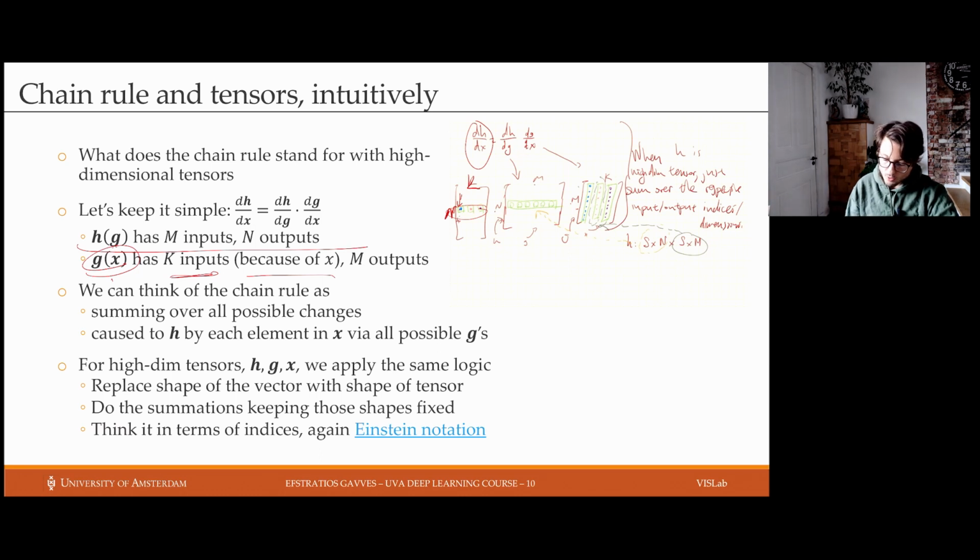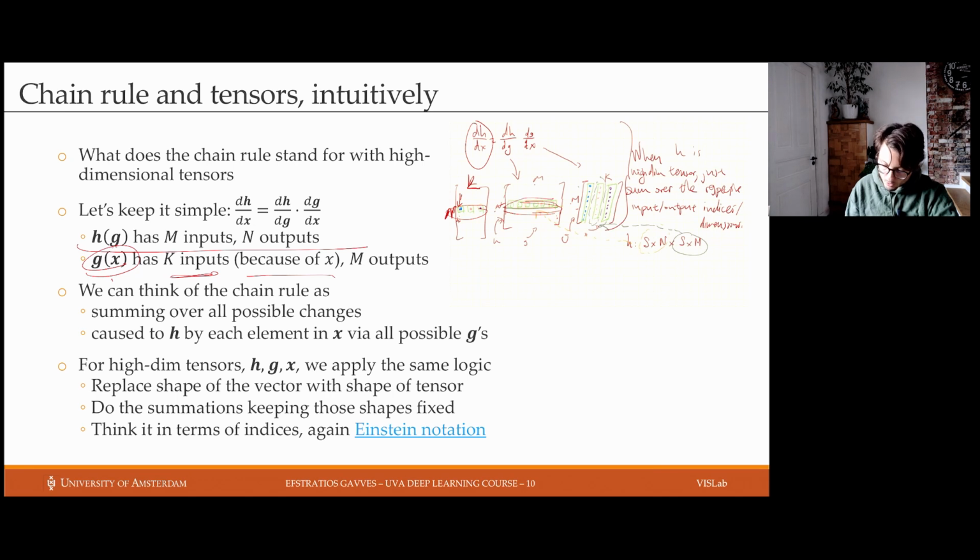Now, to compute this blue guy, we have to visit the same row in the intermediate Jacobian matrix, dh over dg. So basically, this Jacobian matrix measures how sensitive h is with respect to any possible changes of g. And why do we say any possible changes of g? Because every dimension of input x affects all possible outputs g.